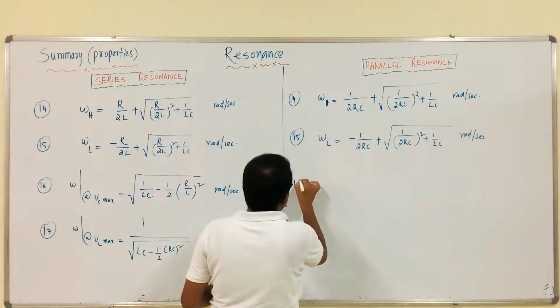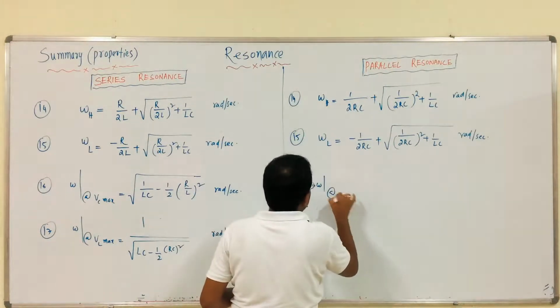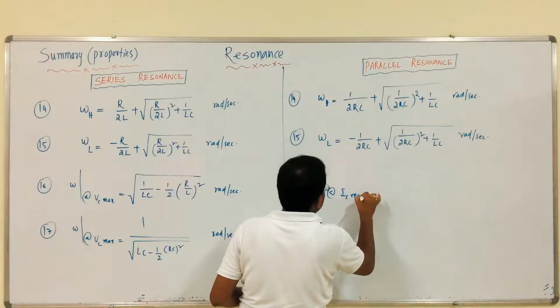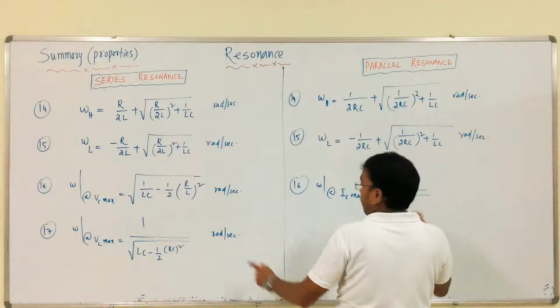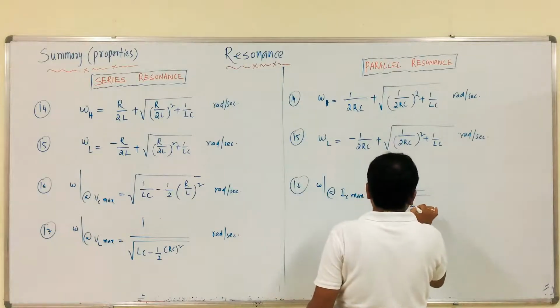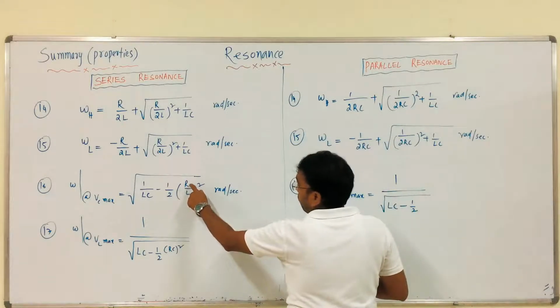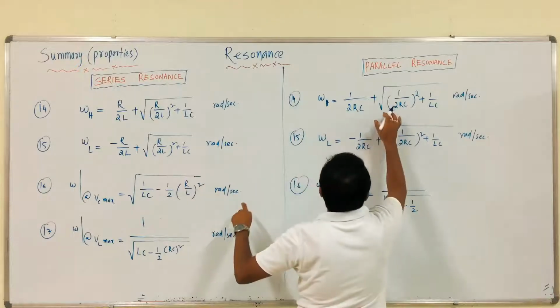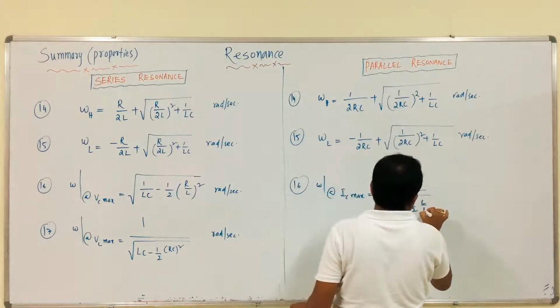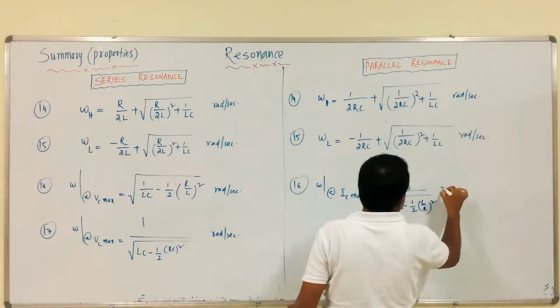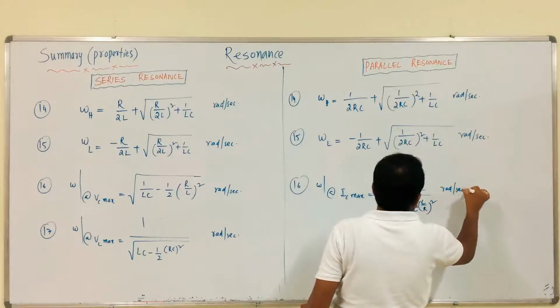Now, 16th one for this, the frequency at which IC max is equal to 1 by square root of LC minus (1 by 2 R by L) whole square. In case of parallel, opposite to this, the reciprocal of this, that is (L by R) whole square, radians per second.